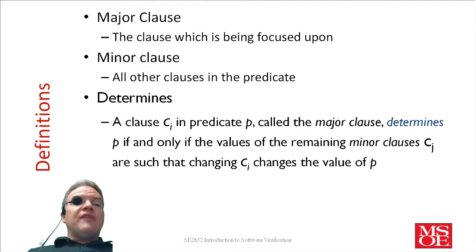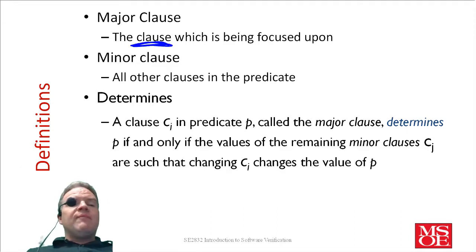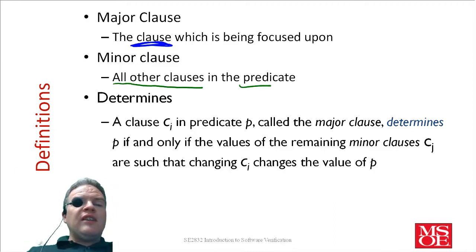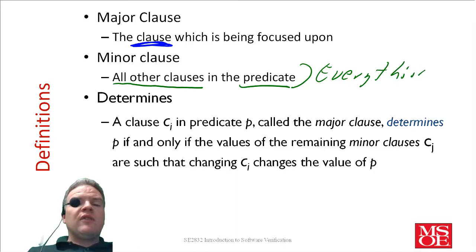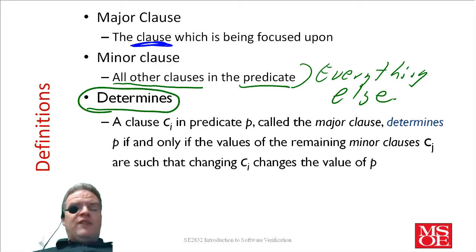This leads us to a couple of definitions. So the first concept is this concept of what we call a major clause. The clause which is being focused upon. Minor clause is all other clauses in the predicate, essentially everything else. And lastly, the concept of determines.